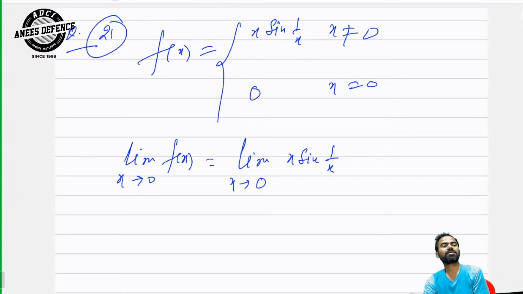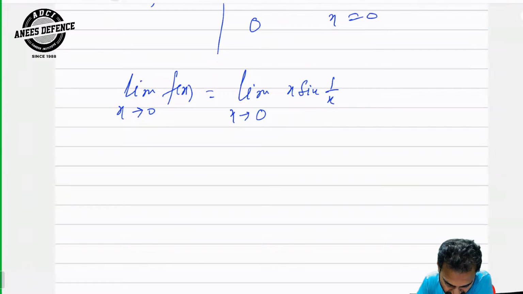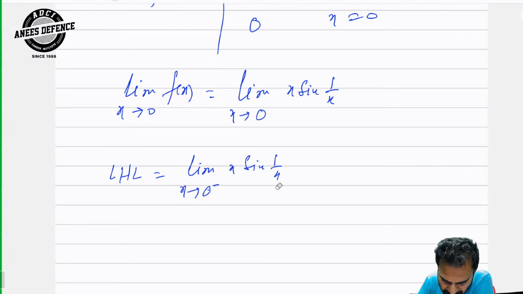Here, when you find 0 in the denominator, 1 upon x, you have to find LHL. So limit x tends to 0 minus. This is 0 minus into a finite value.